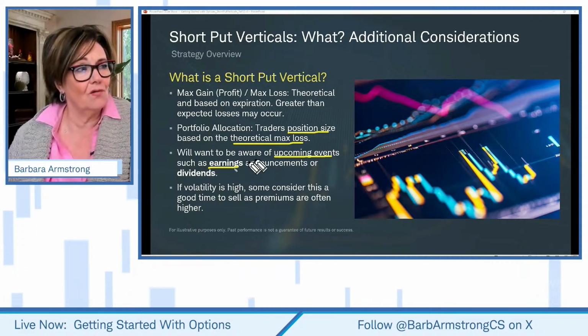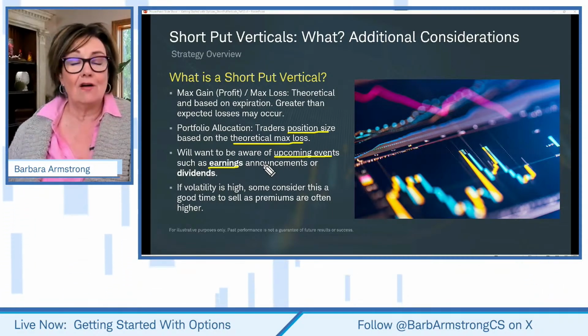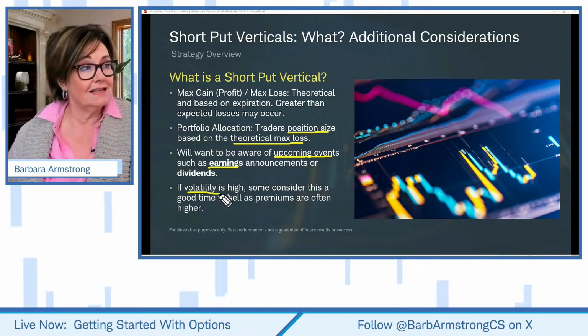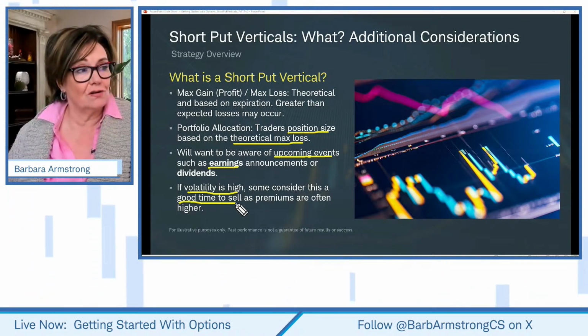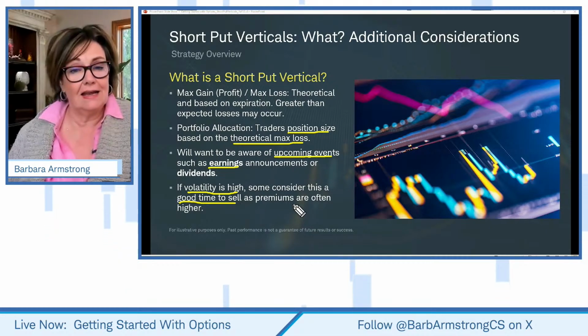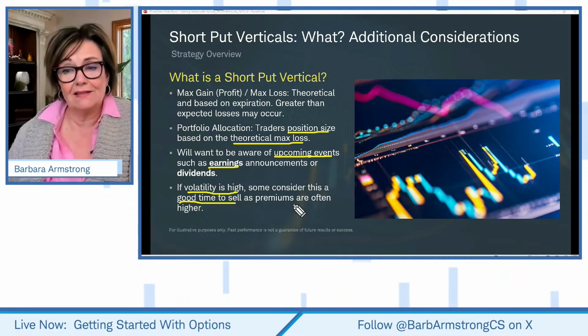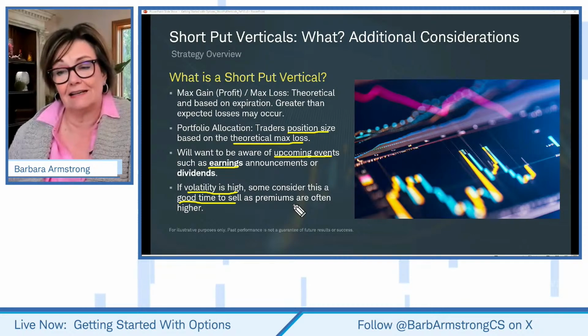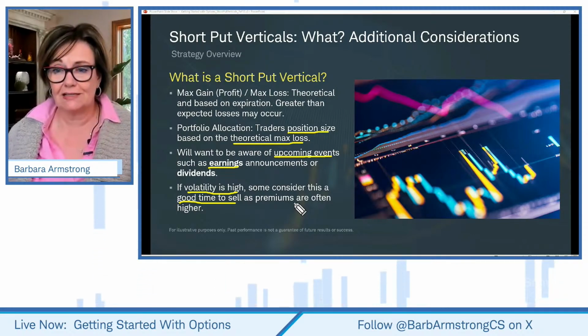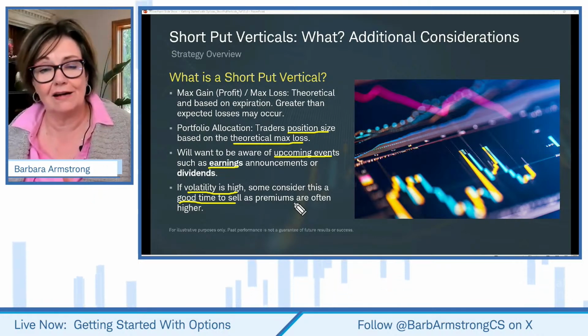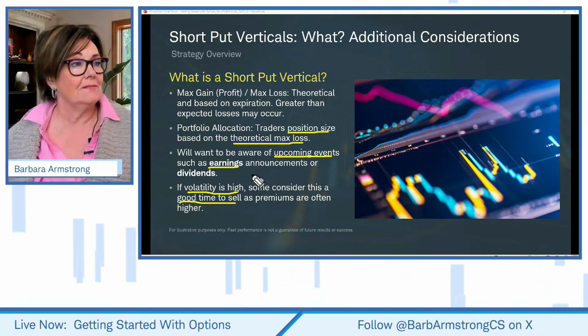So if you want to avoid that volatility, now others might say, but volatility is higher, so this is a good time to create a short put vertical. And so some traders will trade this over earnings for that reason. And it just depends on how strong the lining of your stomach is and how confident you are in a particular stock and all of that.